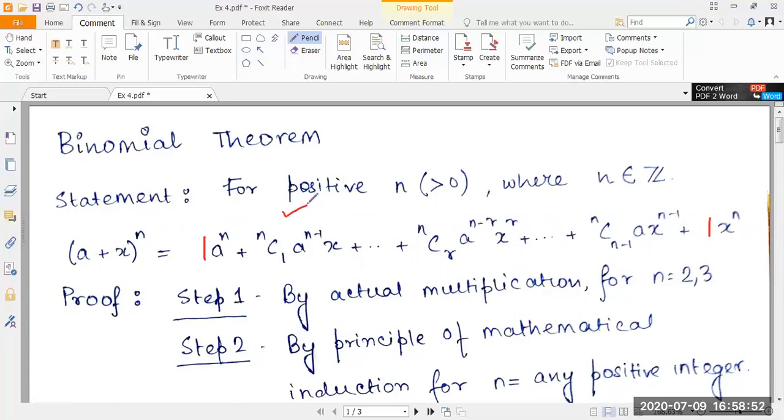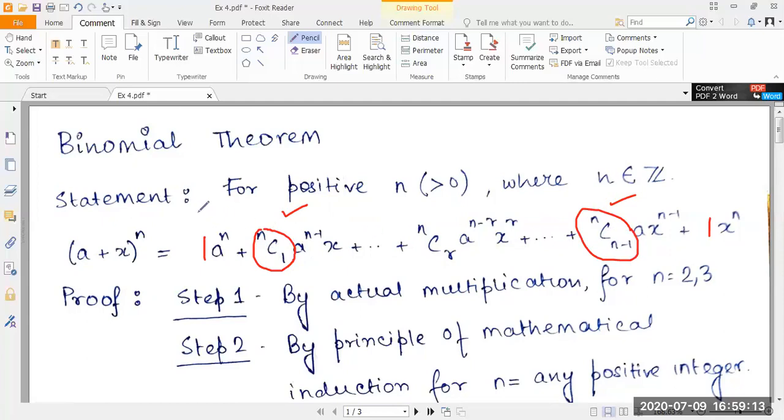Next, if we consider the second term from the beginning and the second last term, that is the second term from the end, you see the coefficient of the second term is nC1 and the coefficient of the second last term is nC(n minus 1). Now, as I discussed before, nCr is equal to nC(n minus r). So nC1 will be equal to nC(n minus 1).